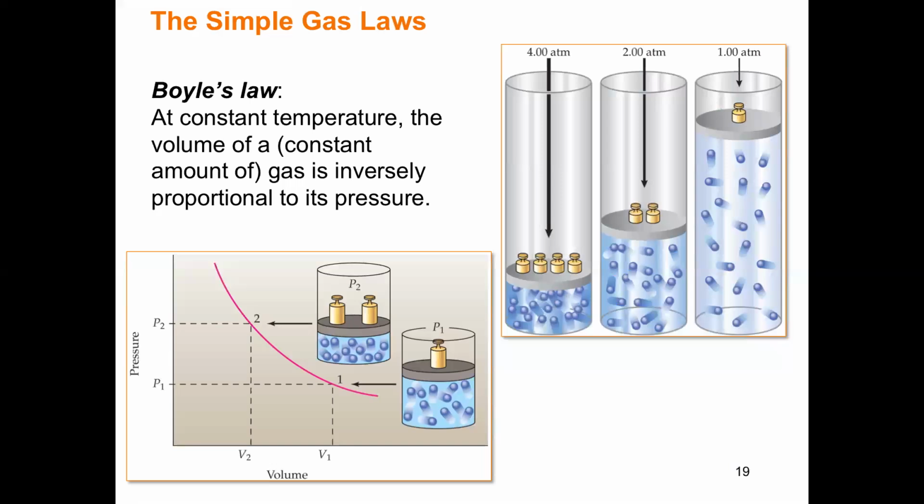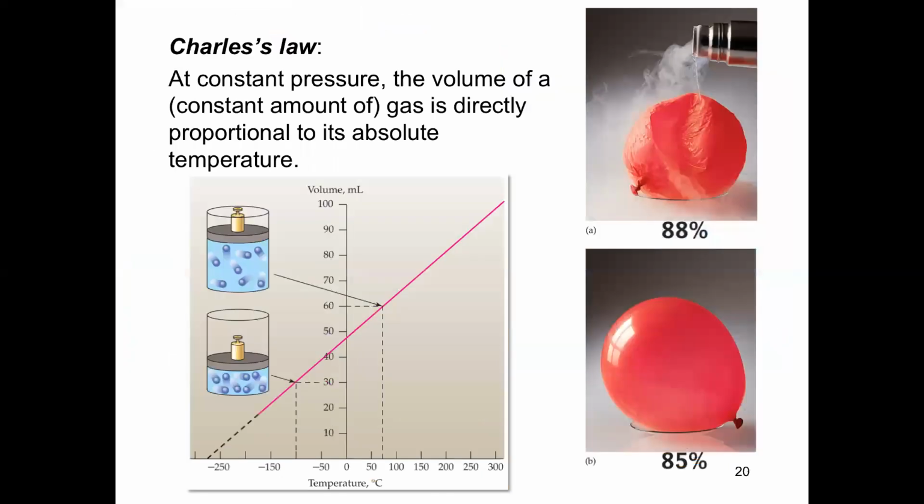So P1V1 equals P2V2, and that is what can be used for Boyle's law. Now the next one was Charles' law, and now we're looking at temperature and volume. If you have a constant pressure, the volume of the gas is going to be directly proportional to the temperature.